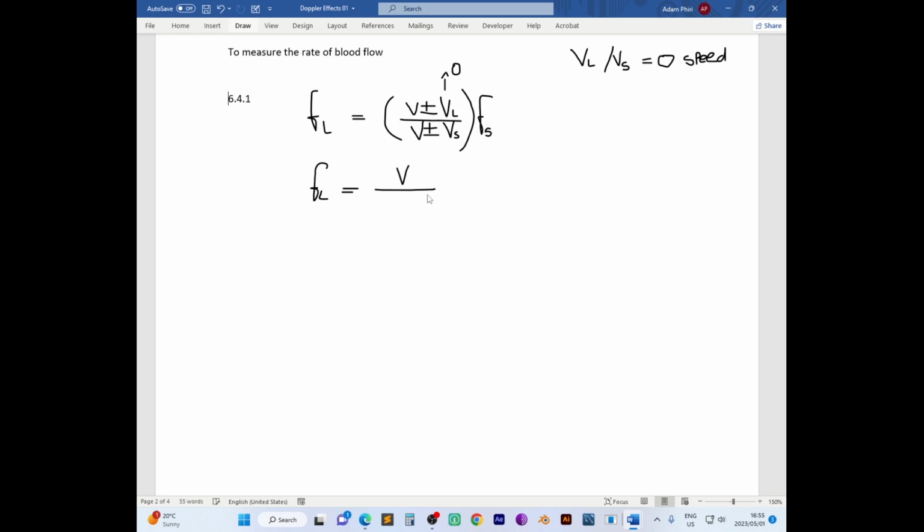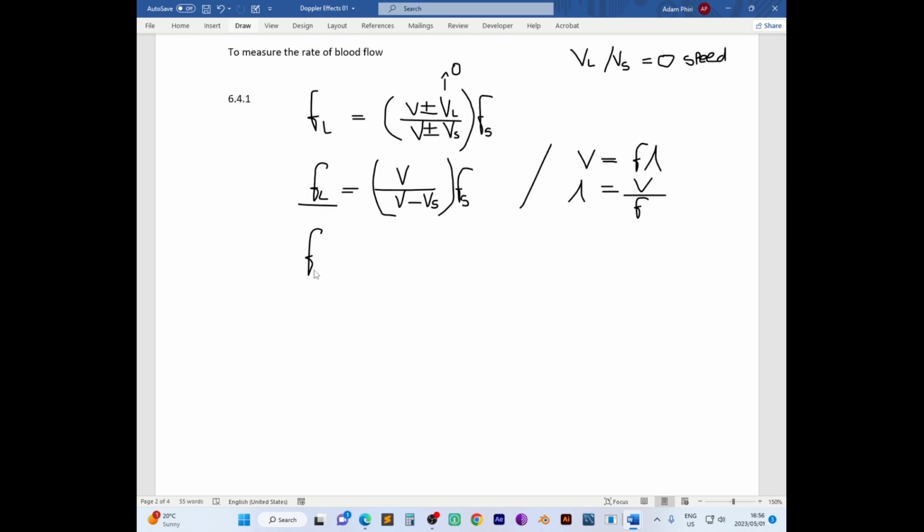So there we go, that VL is 0, so we don't have VL, then we have V minus VS. So remember that it's moving towards, why is it minus? Because it's minus so that we can create a ratio greater than 1, so that the ratio greater than 1 is going to reduce the frequency of the source.